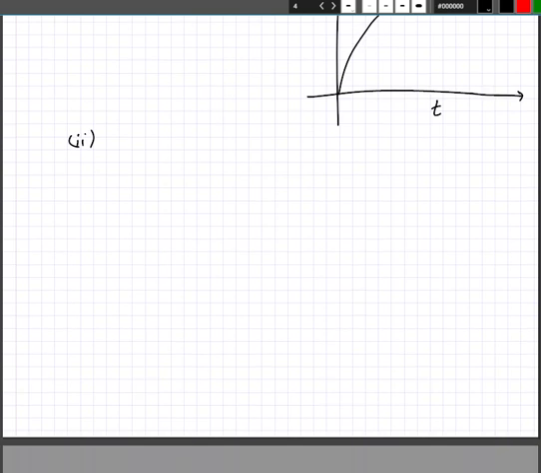Second case, if B square is equal to K square, a steep rise, steep or quick growth.